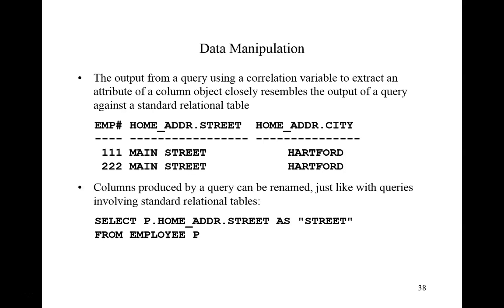Columns produced by a query could be renamed, just as we can do with columns involving standard relational tables. This would clean things up a bit. So instead of home address.street, we could simply have it as street. Home address.city, we could simply have the column presented as city. Then it would look just like the output of a query against a standard relational table.